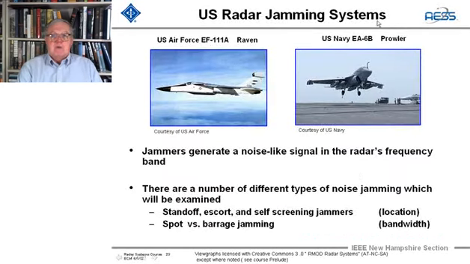Now here are some U.S. radar jamming systems. The Air Force has an EF-111A Raven, which has transmitters up here and underneath. These jammers generate noise-like signals in the radar's frequency band. And then there are a number of different types: standoff, which I mentioned, or escort, which are nearby.